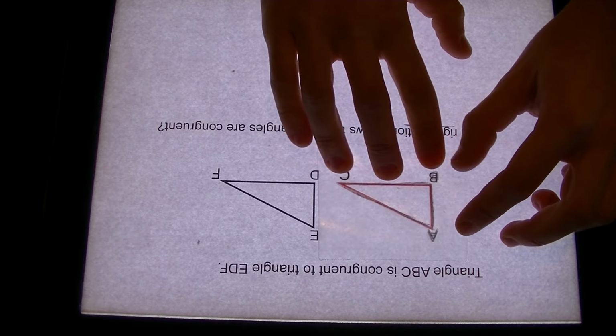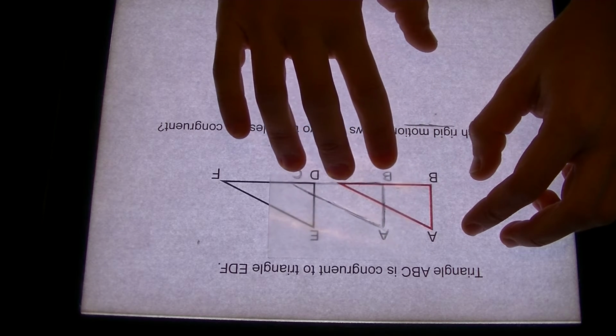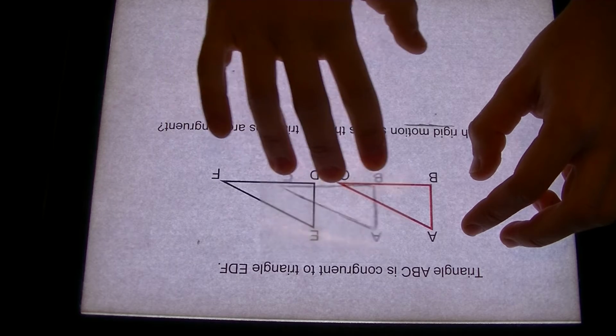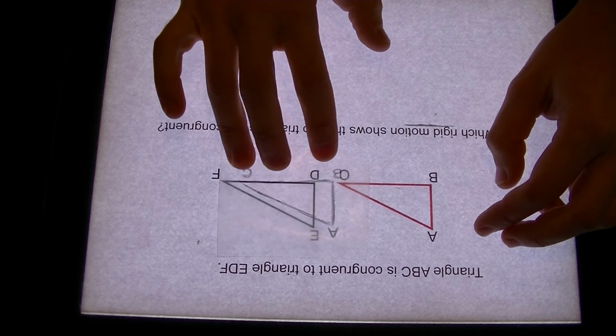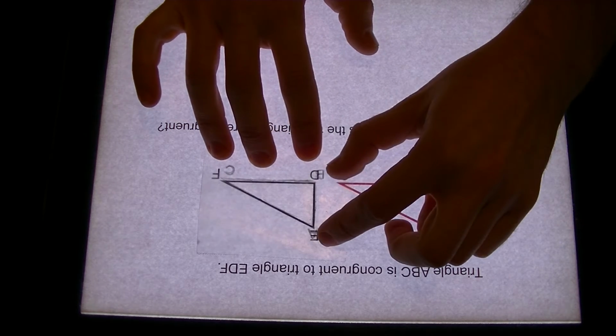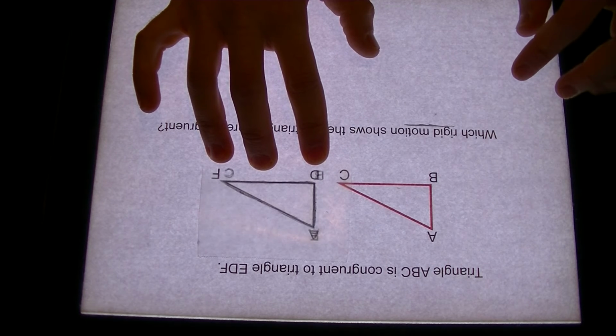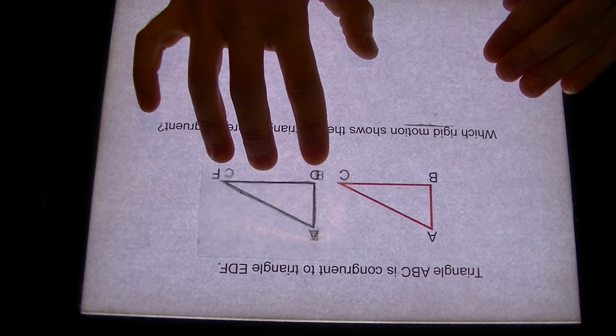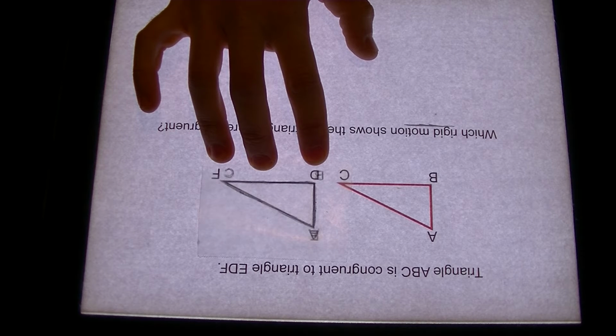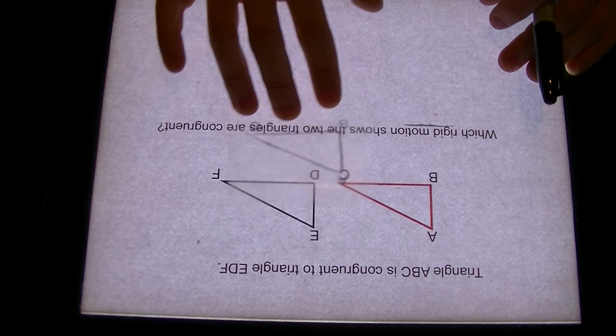And so here I'm going to use my translation rigid motion. I'm taking ABC and translating it onto EDF, and if it maps directly onto it, that means it fits perfectly on top of it, that means that ABC is congruent to EDF.